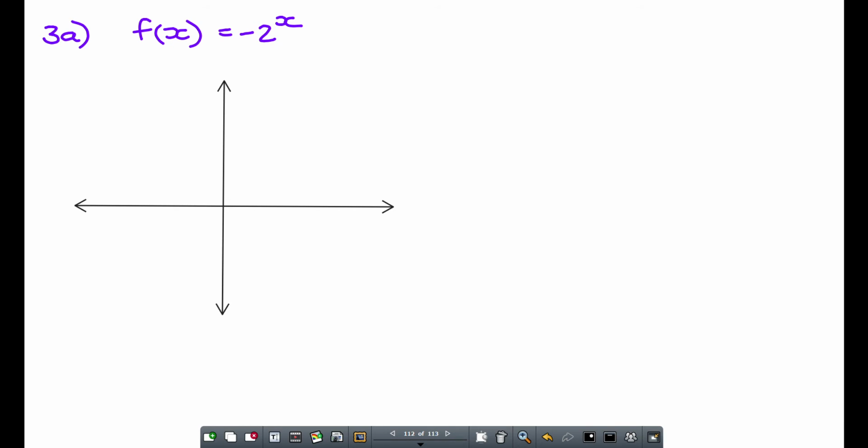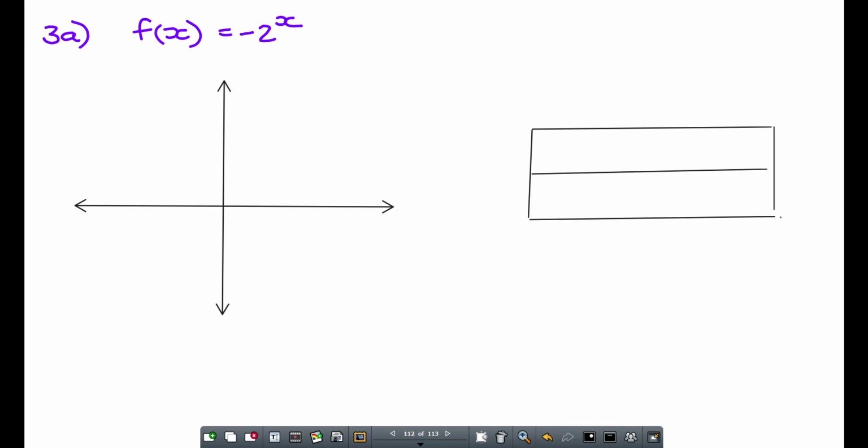Okay, ek dink hier gaan ek tog vir jou gou daai tabelletjie maak, omdat dit nou 'n negatiewe getal is. Right, so x en y, as x minus 1 is, dan gaan ek hê minus 2 tot die mag minus 1.